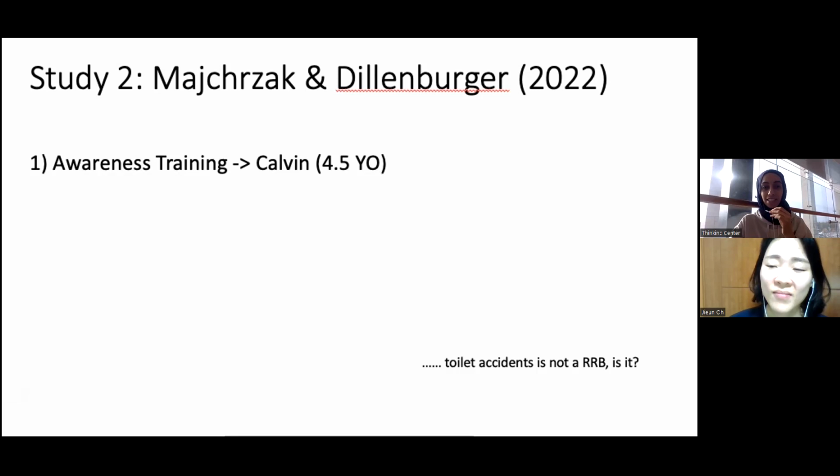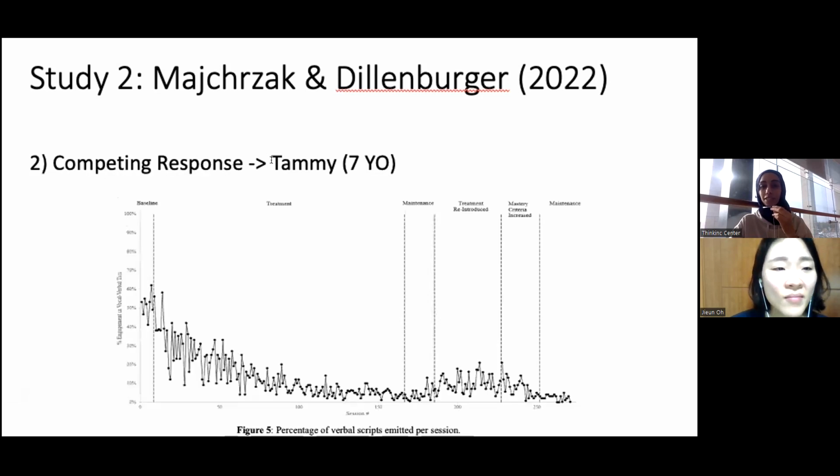The second study was for competing response training. And the subject was a female, her name is Tammy, and she was 7 years old. The competing response training is also a part of the habit reversal training, and it teaches the participant to perform a behavior that is topographically incompatible with the target behavior.